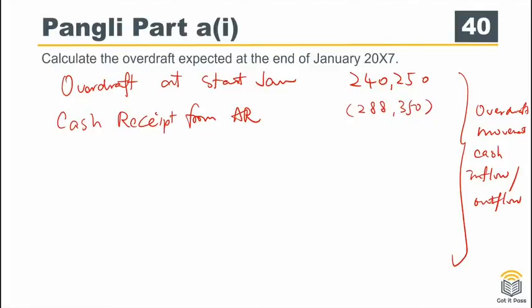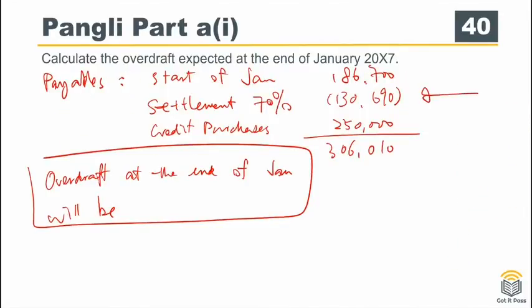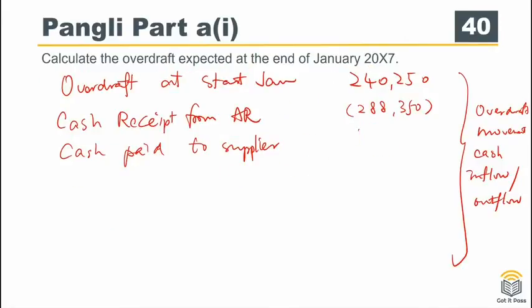You also need to pay cash to suppliers, which can be found in your payables movement settlements, 130,690, and also the interest paid to the bank on the loan, which is given in your question.